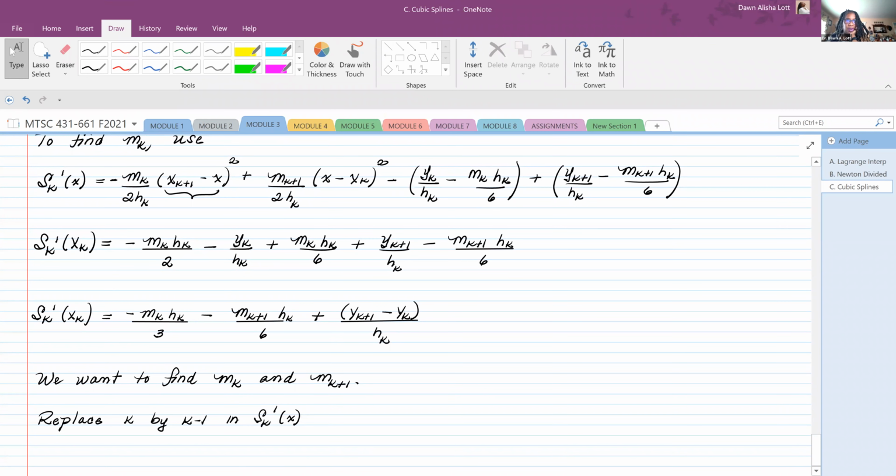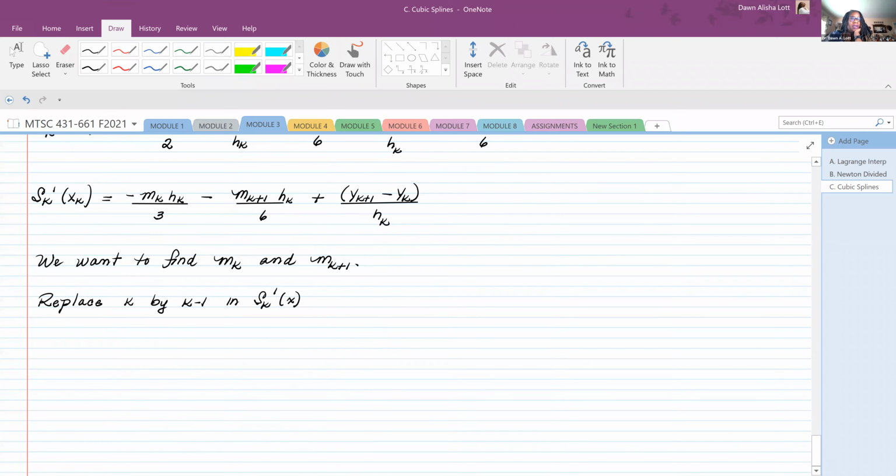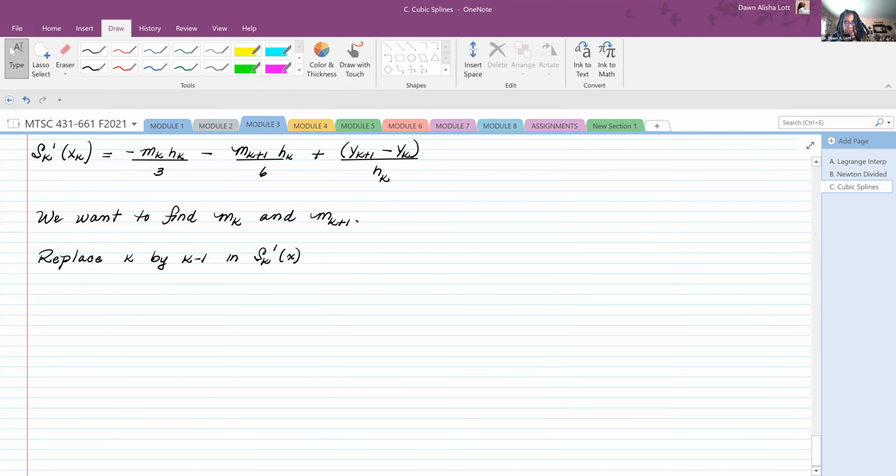And that was copy the whole equation and just change everything. Let me just rewrite the whole thing. So I get S_{k-1}'(x) equals negative M_{k-1} over 2h_{k-1}, and this doesn't change.